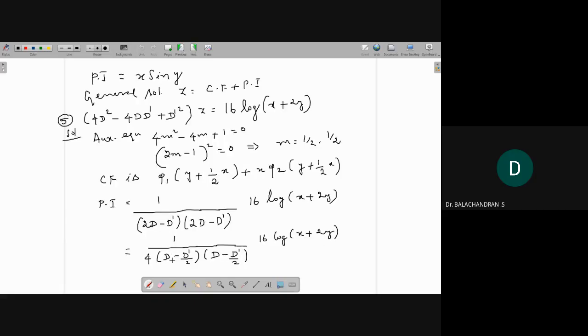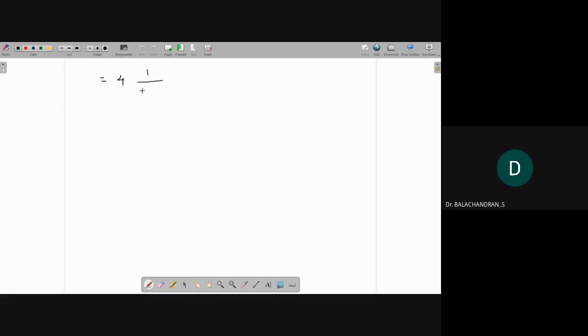I'll keep the term (D minus D dash by 2) as it is. I'm going to apply only this term: 1 by (D minus D dash by 2) into 1 by (D minus D dash by 2) into log of (x plus 2y). Okay, so 4 into 1 by (D minus D dash by 2).